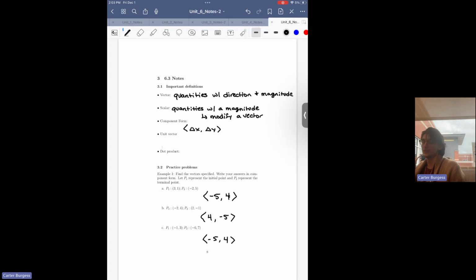The difference between them is going to be their direction. -5, 4 is going to be pointing into quadrant 2, and 4, -5 would be pointing into quadrant 4. So same r's, but different thetas. And so different vectors.